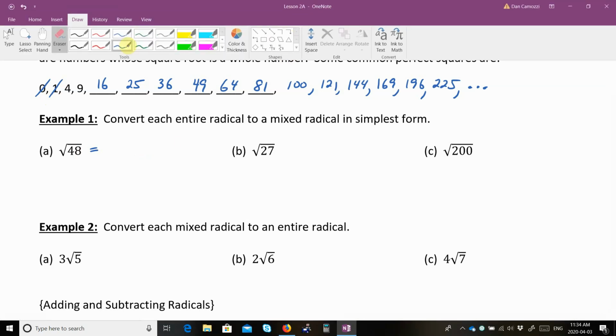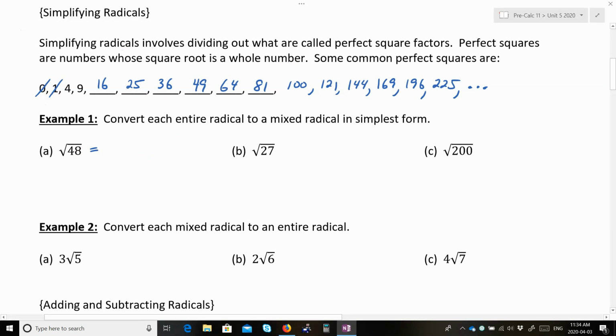Okay, so we want to find a number on the list above here that goes into 48. And usually, guys, it's good to try to find the biggest number that you can that goes into 48 in this case. So 48 lands right in here, in between 36 and 49.